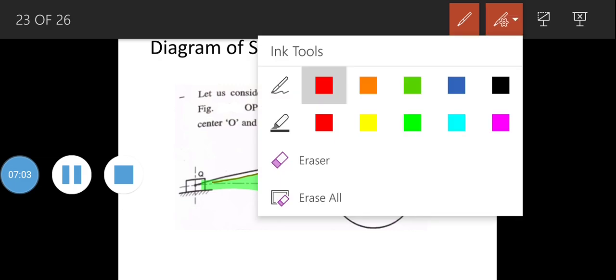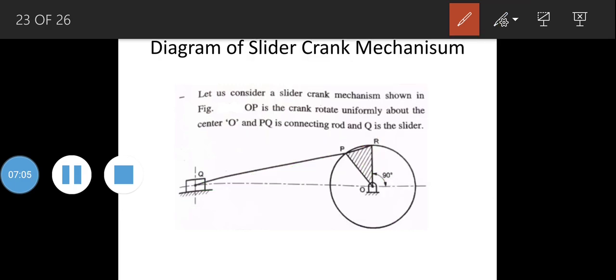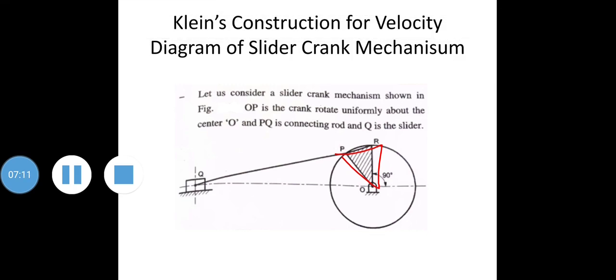This triangle which we get after extension of point represents the velocity diagram. So here are the certain steps which we have followed, and we got the velocity diagram.